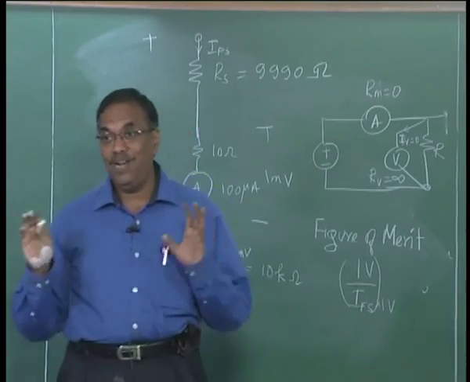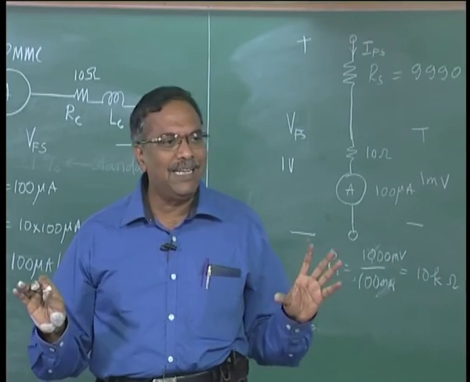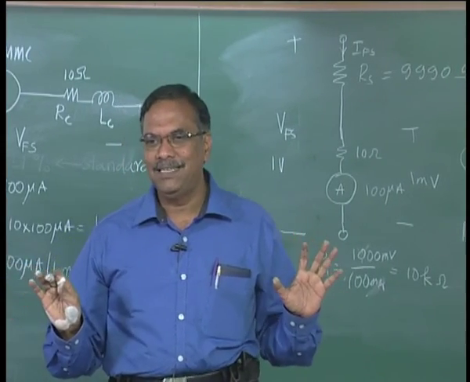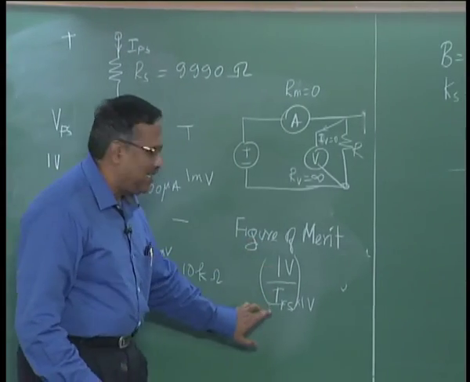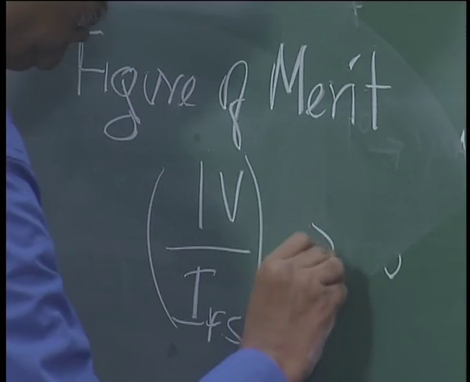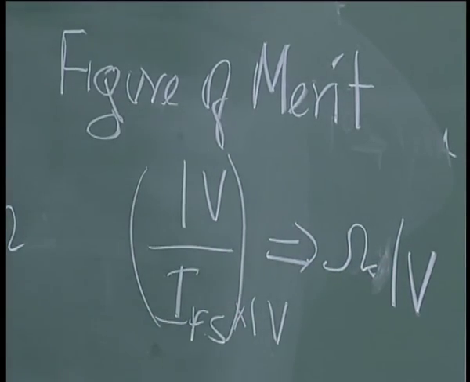Figure of merit is 1 by I full scale, right. I am artificially multiplying numerator and denominator by 1 volt, right. So, this I know is volt by current, which is ohms. So, now I can write this as ohms per volt, volt is already there, this is not cancelled, right.